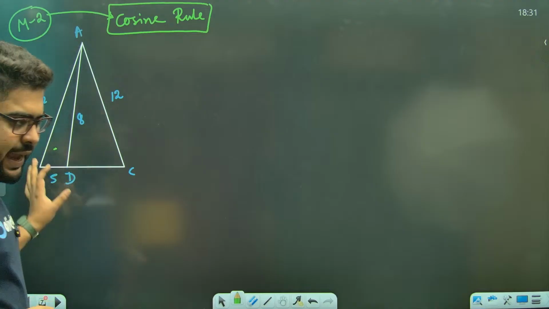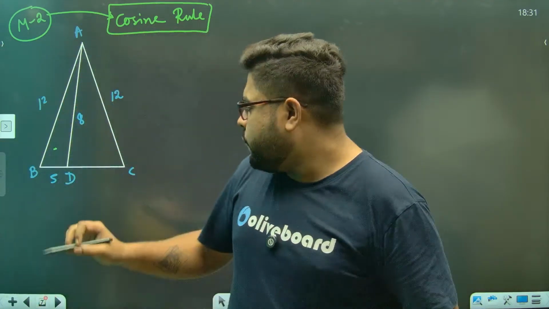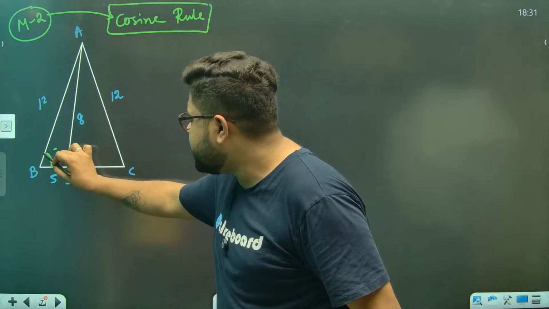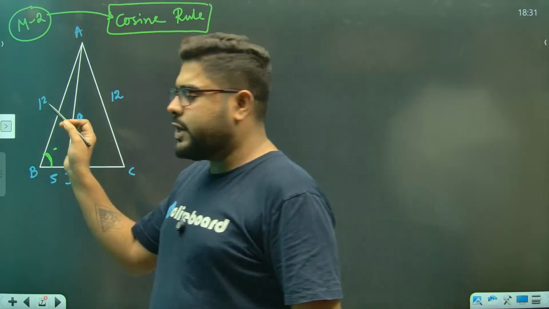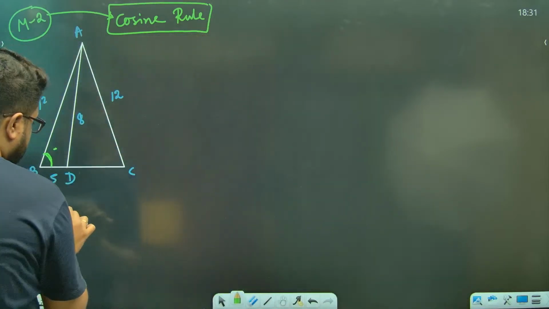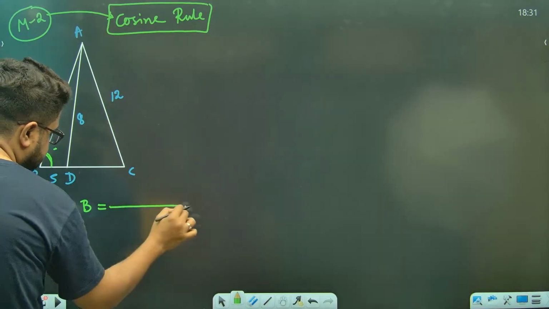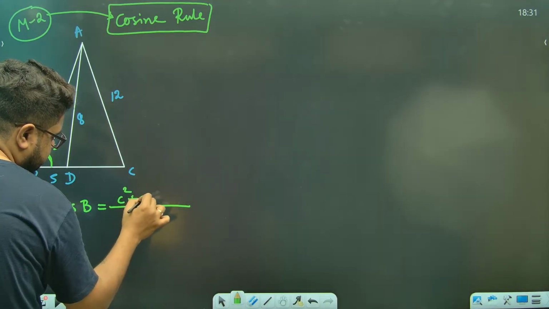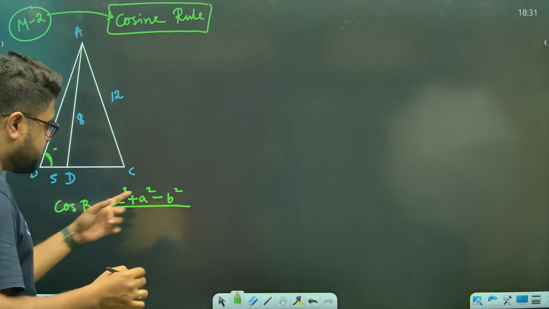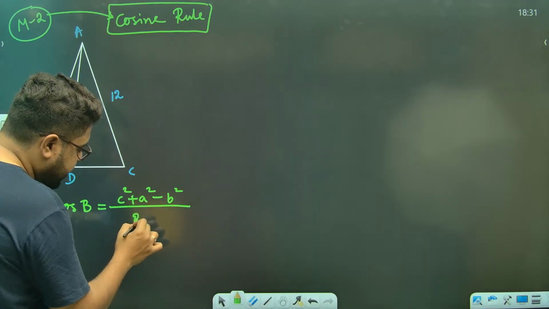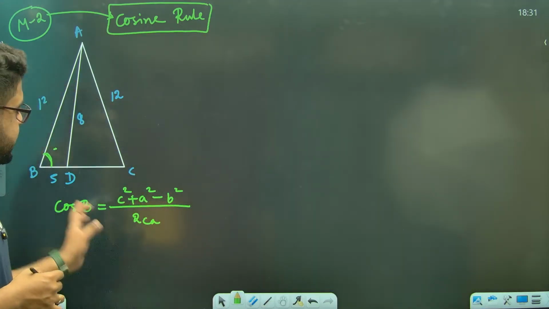ABD. From here, what will be cos B? We know the cosine rule, sir. Cos B will always be C square plus A square minus B square, divided by 2CA. Let's use this.